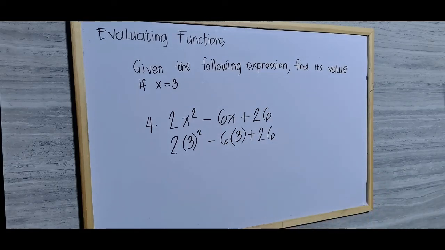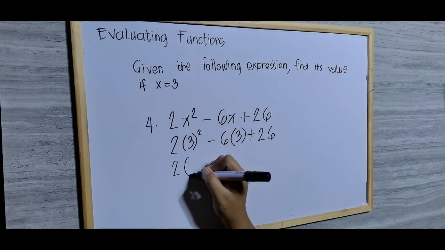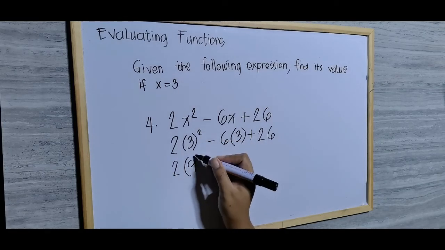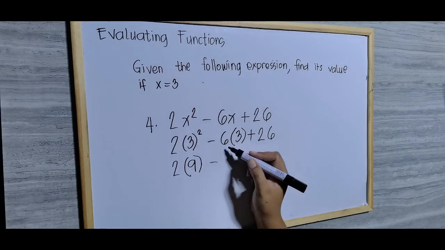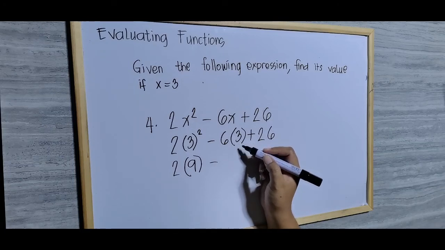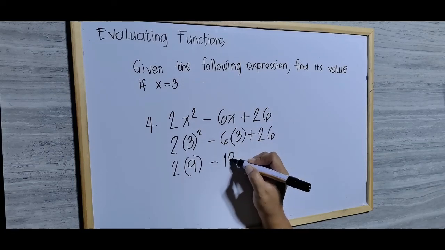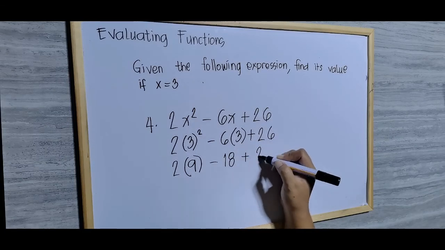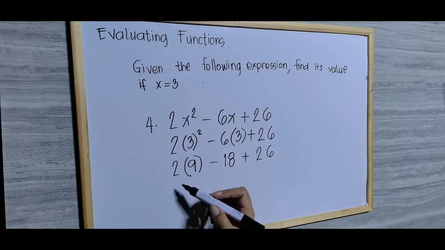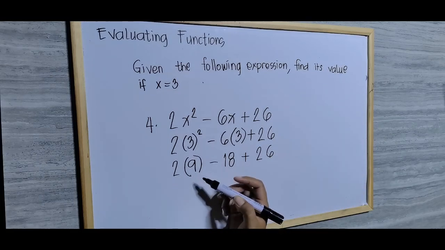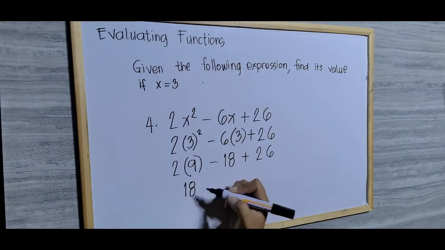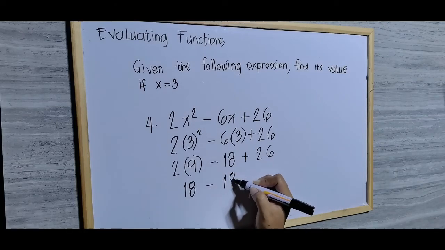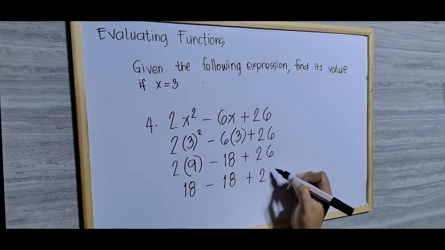Next step is to perform the operation using the correct order of operation. 3 squared is 9, 6 multiplied by 3 is 18, plus 26. Then 2 multiplied by 9 is 18, minus 18 plus 26.